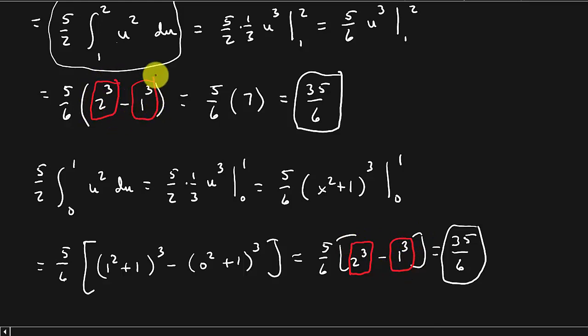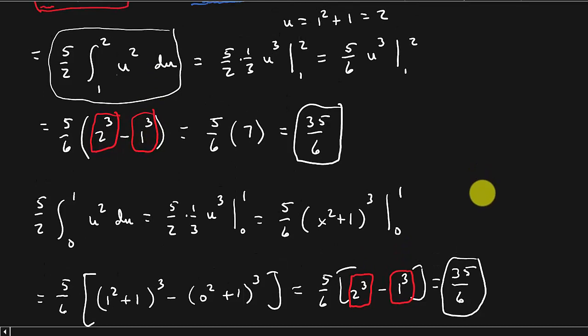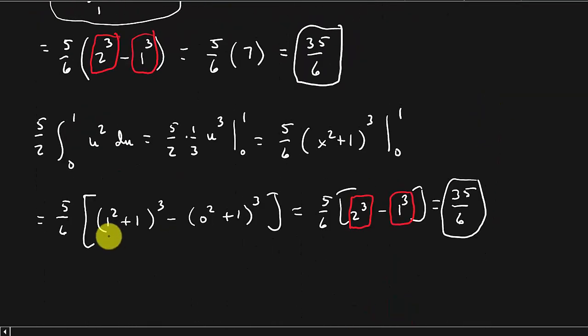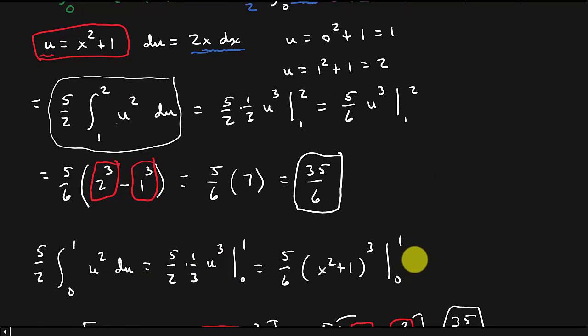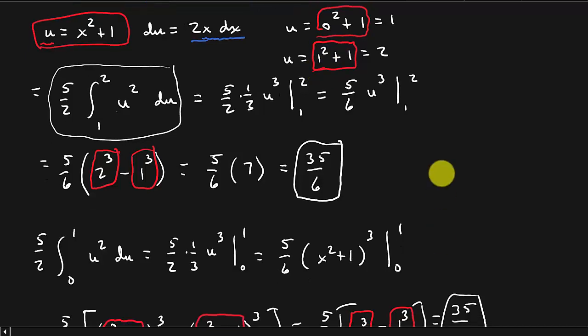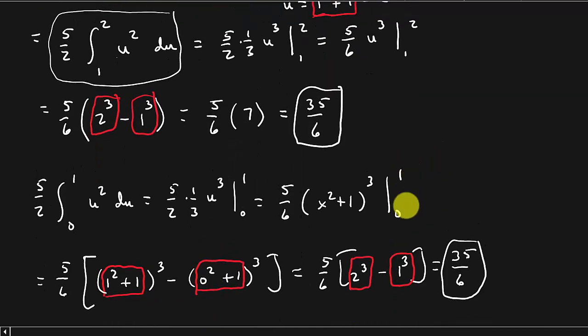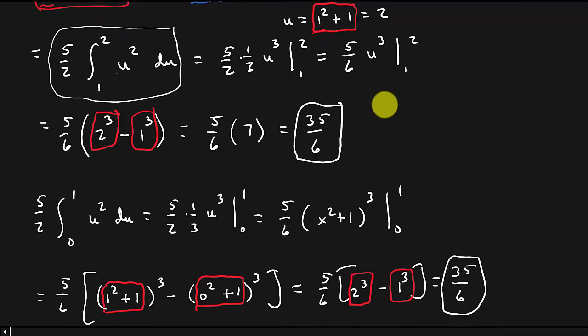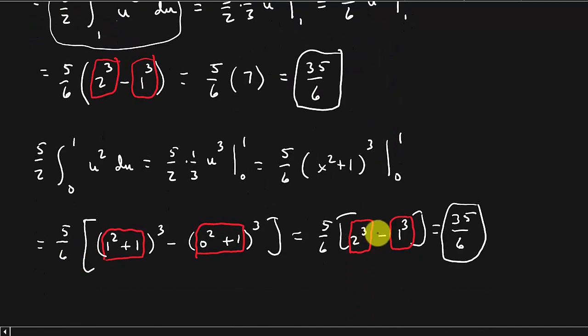And look at this part, this 1 squared plus 1 and this 0 squared plus 1. Look, that's right here. You're going to have to do that eventually. To me, it's just easier to go ahead and change the limits rather than do this.